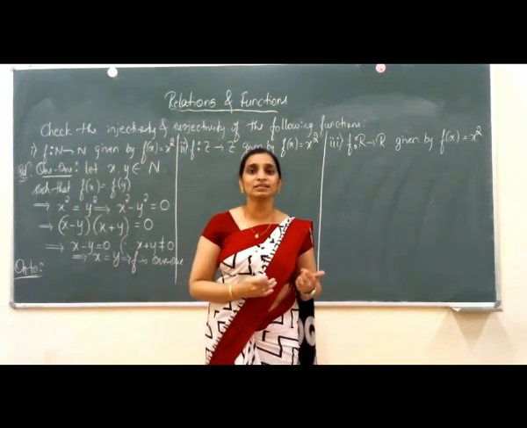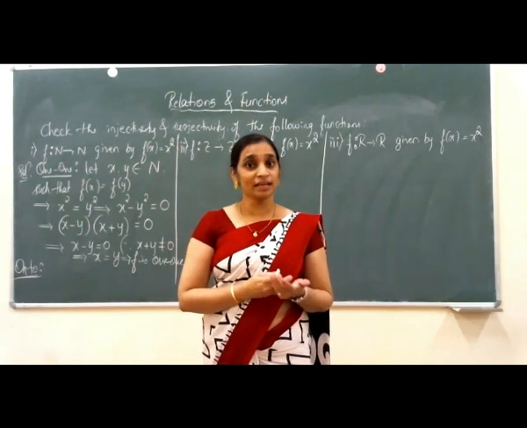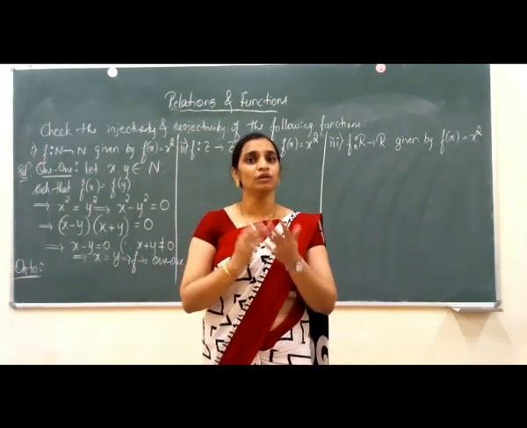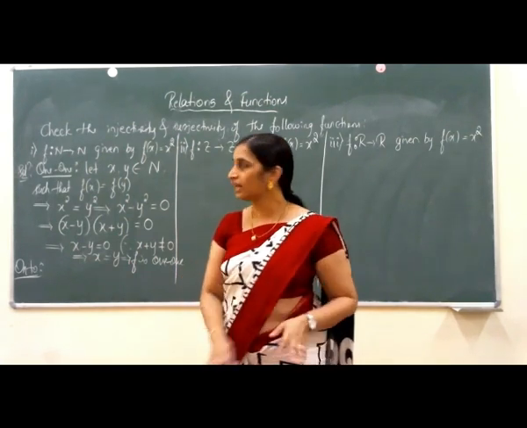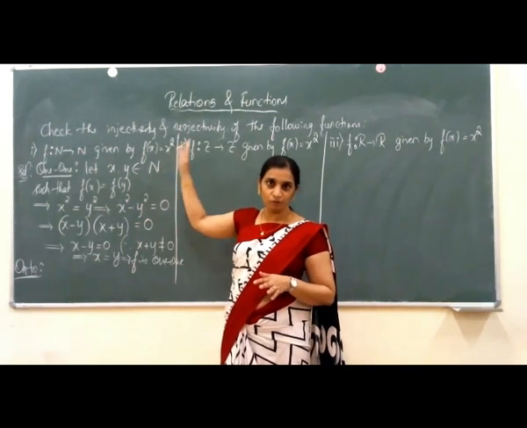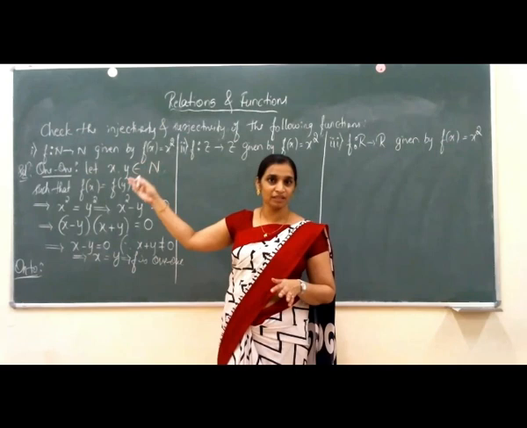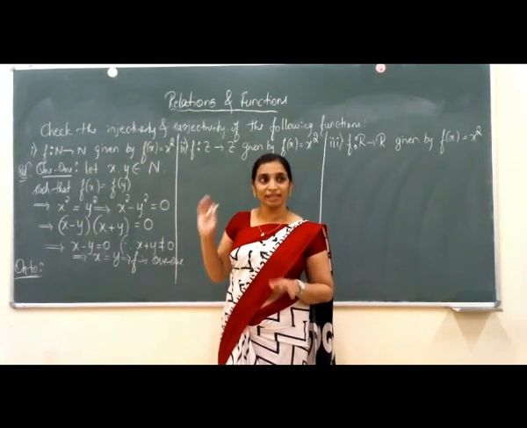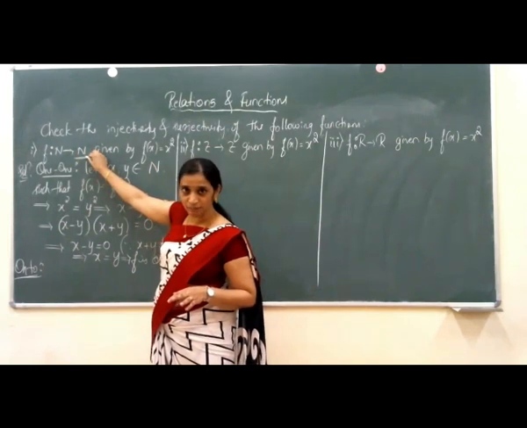So clearly the range is the set of positive numbers, and the range includes the values 1, 4, 9, 16, 25 and so on. That means the codomain is N, the natural numbers.